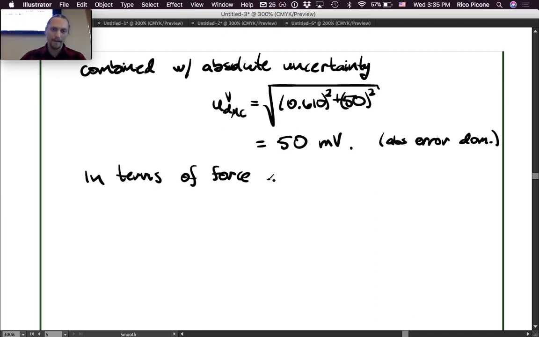So we're going to say U design microcontroller in terms of force is equal to our 50 millivolts, 0.050 volts divided by 0.1 volts per Newton gives us a half Newton.